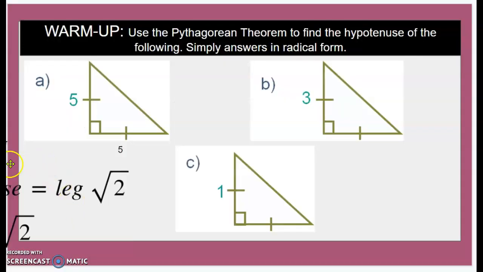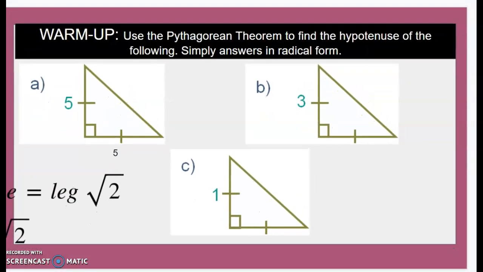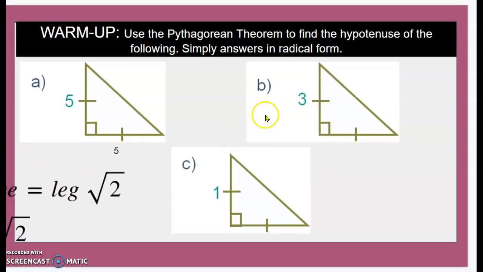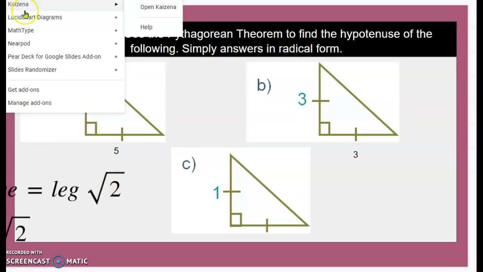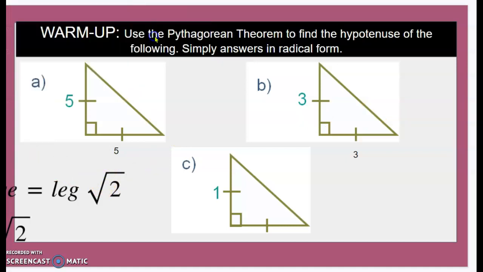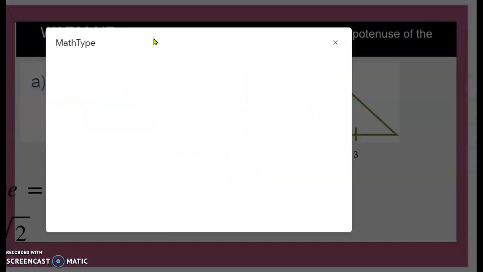Okay? So we'll do the same thing for B. The leg is equal to the leg, so therefore the other leg is 3. And what is our hypotenuse? The hypotenuse is also the leg times the square root of 2.